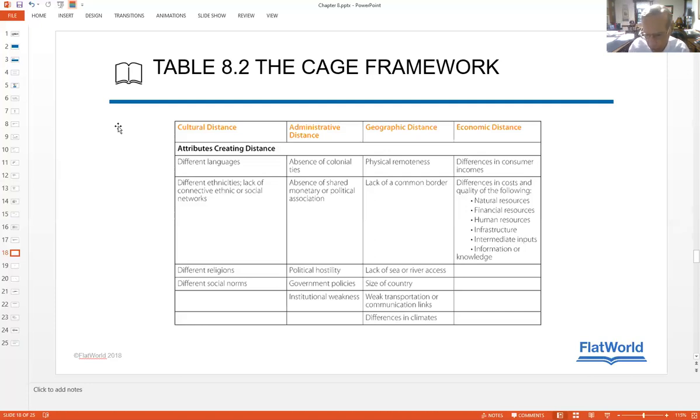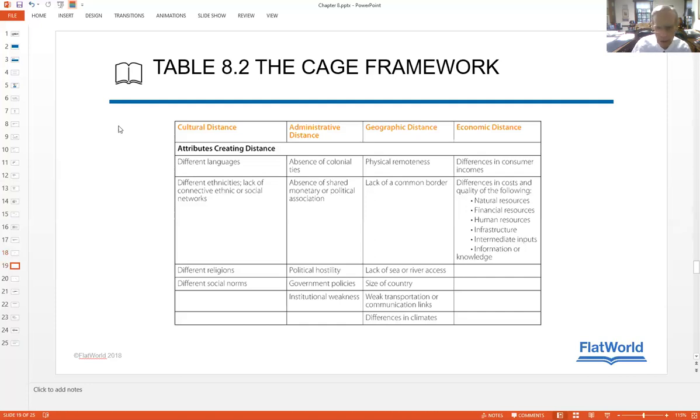And there are a lot of differences in costs and quality of everything from raw materials to the services that are required to do business.